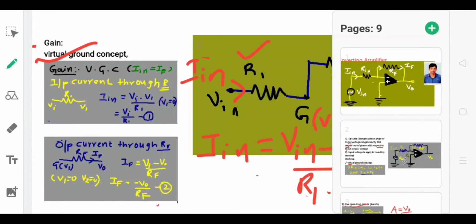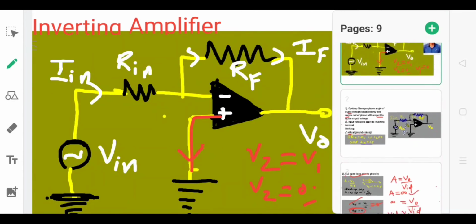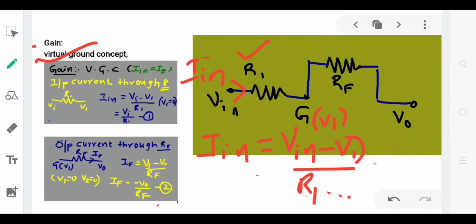According to the virtual ground concept, V1 is equal to V2. V2 is already connected to ground. V2 is equal to 0, means V1 is also 0. With V1 equal to 0, IN is equal to Vin by R1. That is equation number 1.